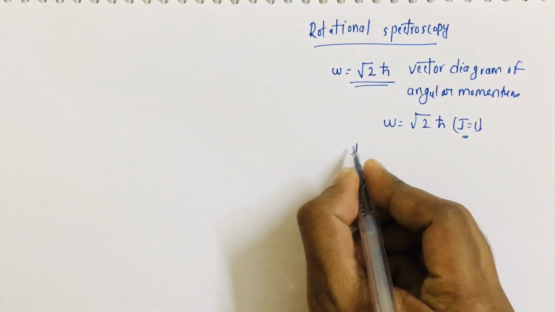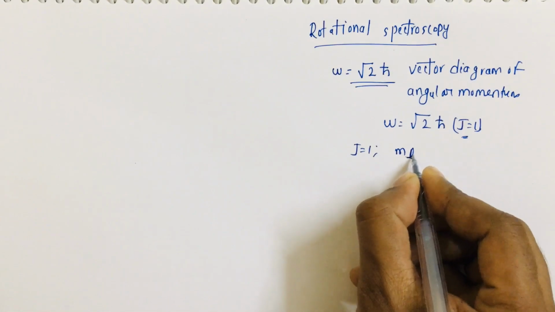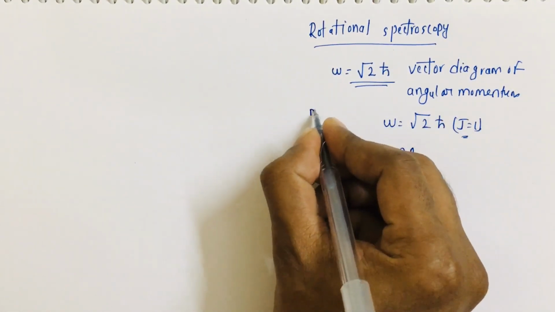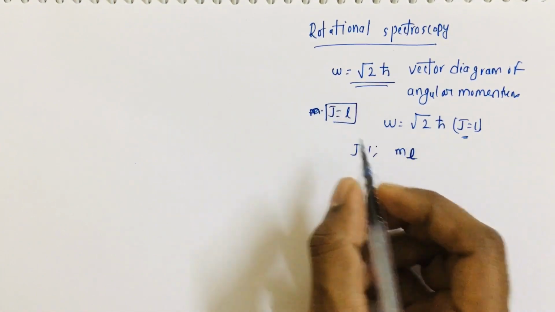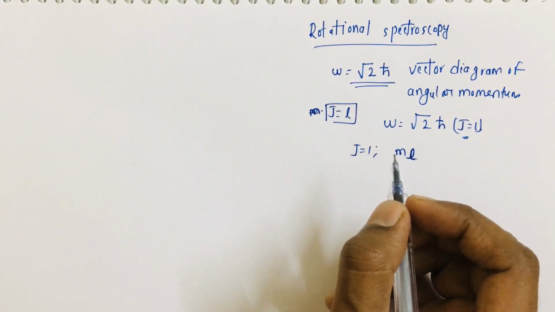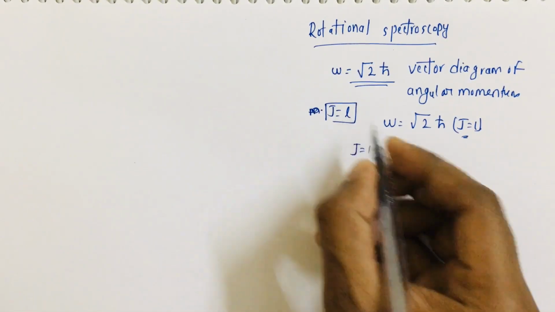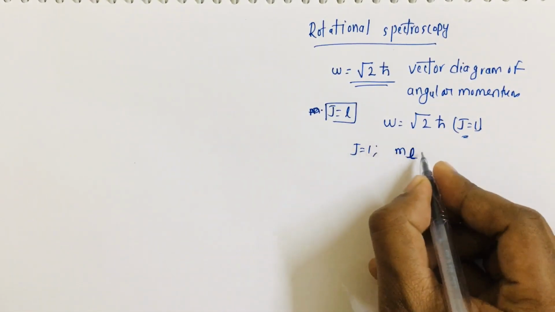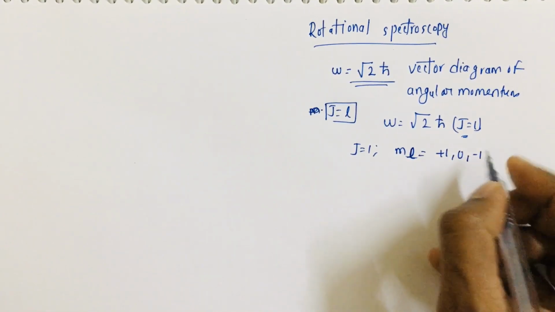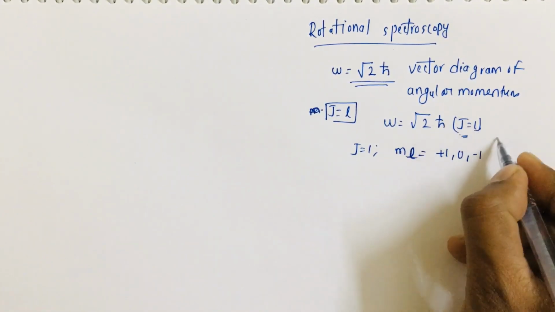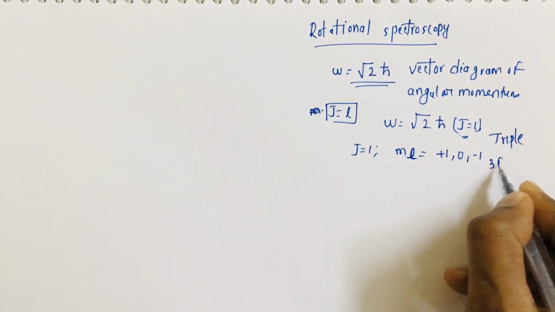Here j equals l, so if j equals 1, then l equals 1, and the ml values will be plus 1, 0, minus 1. This is triply degenerate, or threefold degenerate.